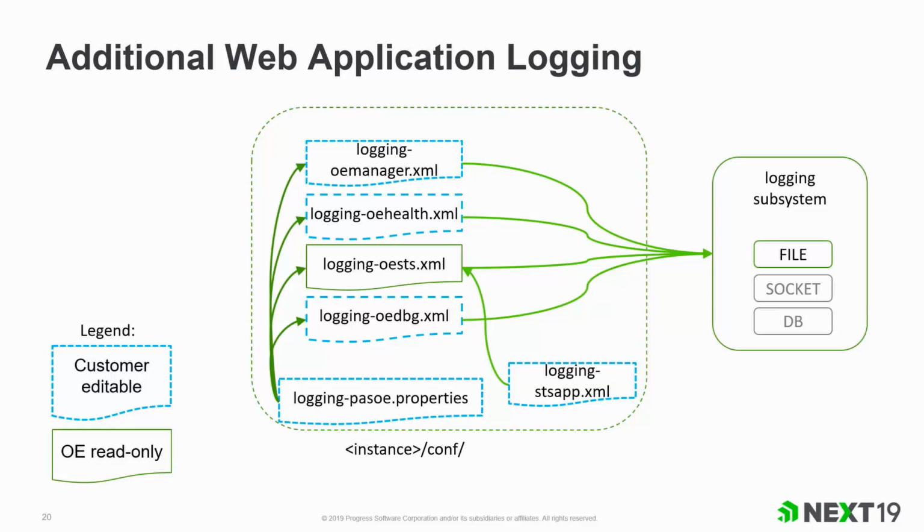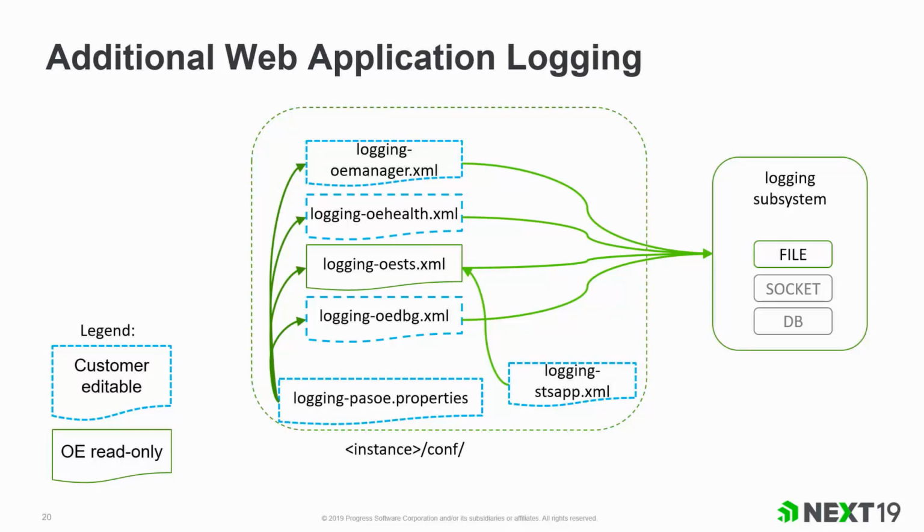Okay, so we extracted as much as we could out of those. What we didn't do for this kind of random group of web applications, we didn't extract all the loggers from those. Most of these, it would be really rare if you have to turn on an individual logger. So we didn't go to the effort to actually extract the loggers.